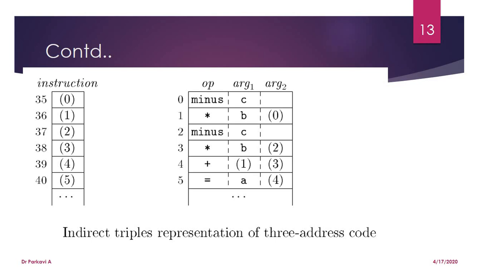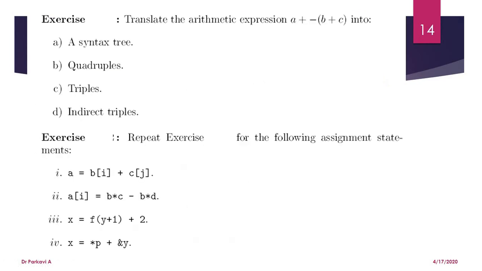For example, if these triples in line numbers 0, 1, 2, 3, 4, 5 are reused again in 35, 36, 37, 38, 39 and 40, how can we reuse them? Whatever instruction is in the 0th address is reused here, the instruction in the first address is reused in line 36, and so on. In this way indirect triples can be used in our code.